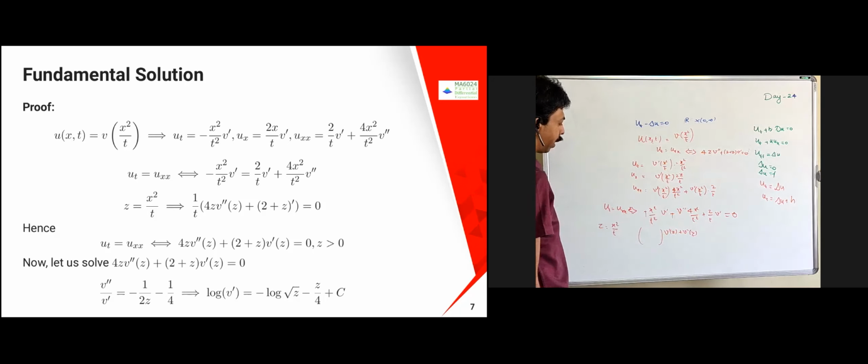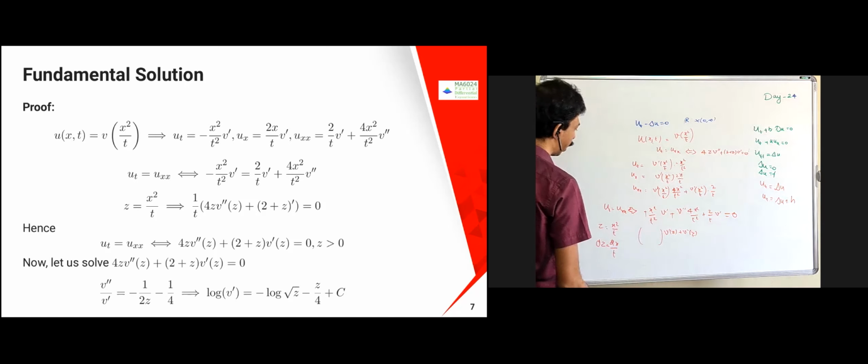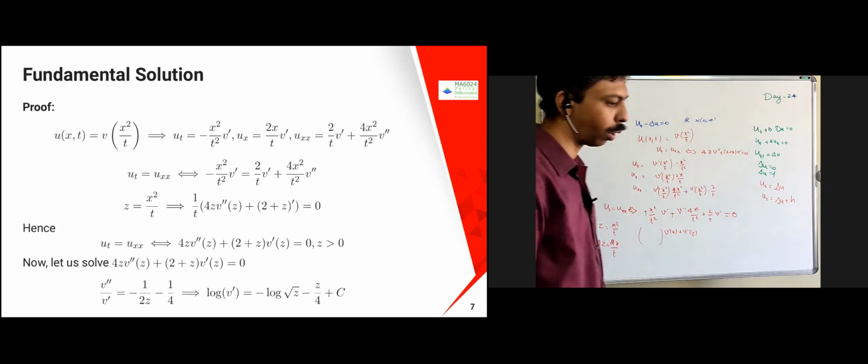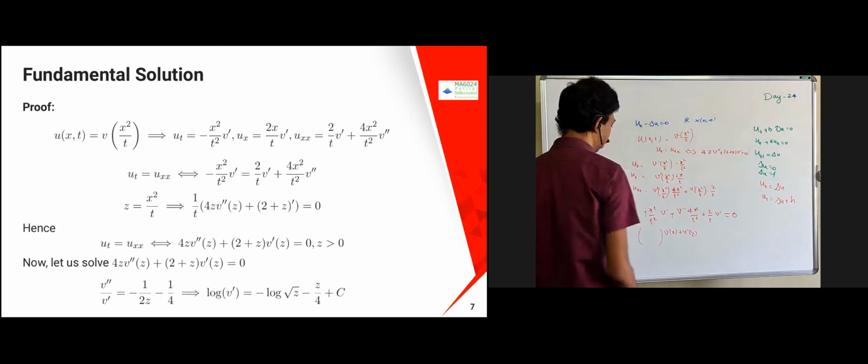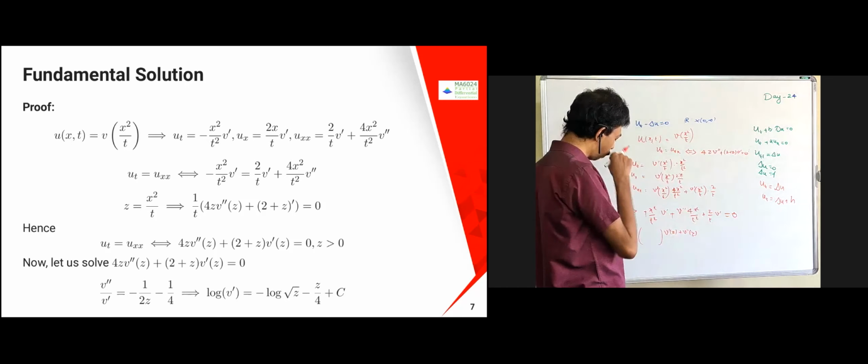Therefore, you get dz everywhere. So dz is going to become 2x dz dt, so dz is nothing but 2x by t, because you are putting the change of variable here. Therefore, correspondingly you substitute over there. So there will be a 2x t here, and there is a 2x t there.